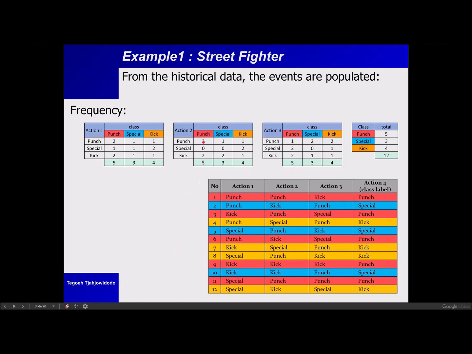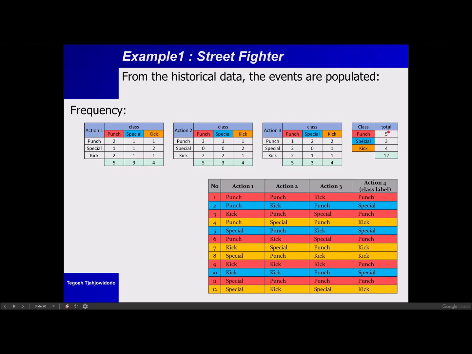I do that again until the last classes. For the last action, action 3, I mean. So I completed these 3 tables, and then I add one more table just to populate how many punch in the 4th action, how many special in the 4th action, how many kick in the 4th action.